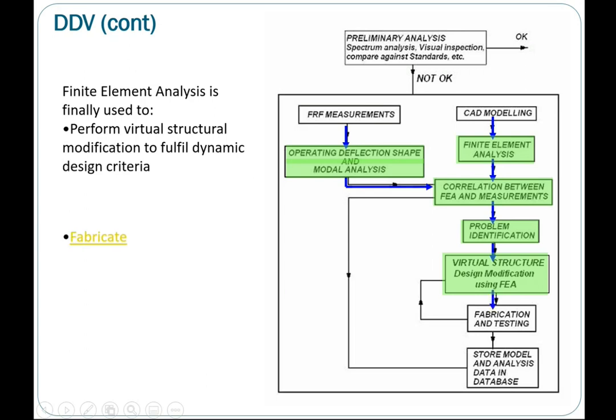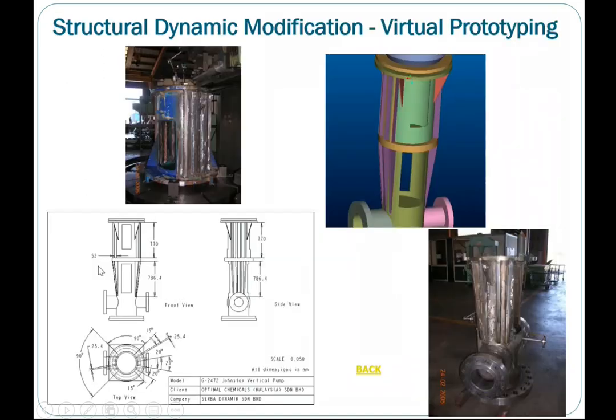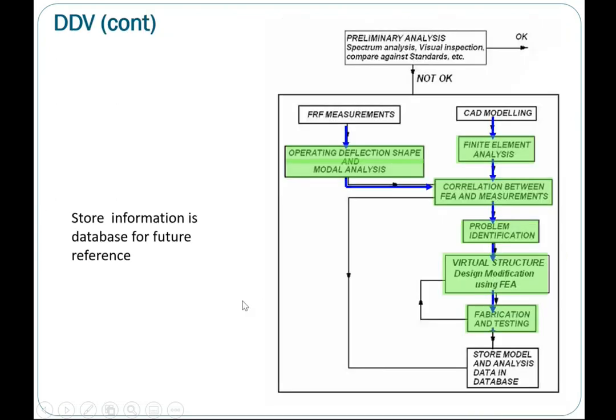Virtual modification is a structural dynamic modification where you modify your CAD models, not your actual machines. Only when you are satisfied with your modifications do you fabricate, through some mechanical drawing, and modify the actual machine.